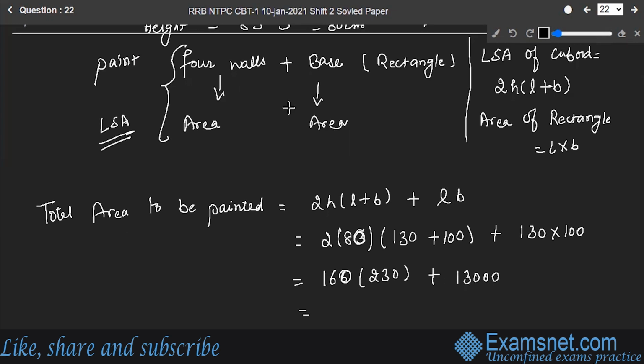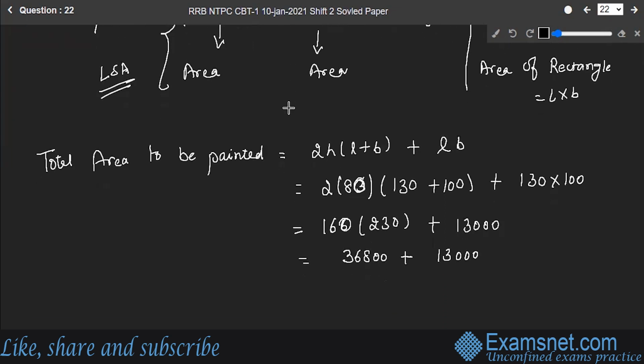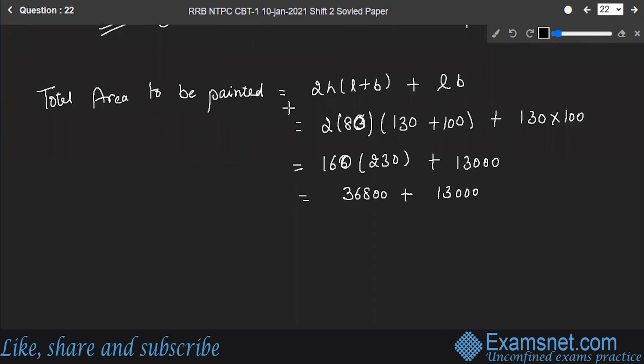So 160 into 230, this gives you 36,800 plus 13,000, which is equal to a total of 49,800, 4,98,000 centimeter square. So this is the total area which has to be painted.